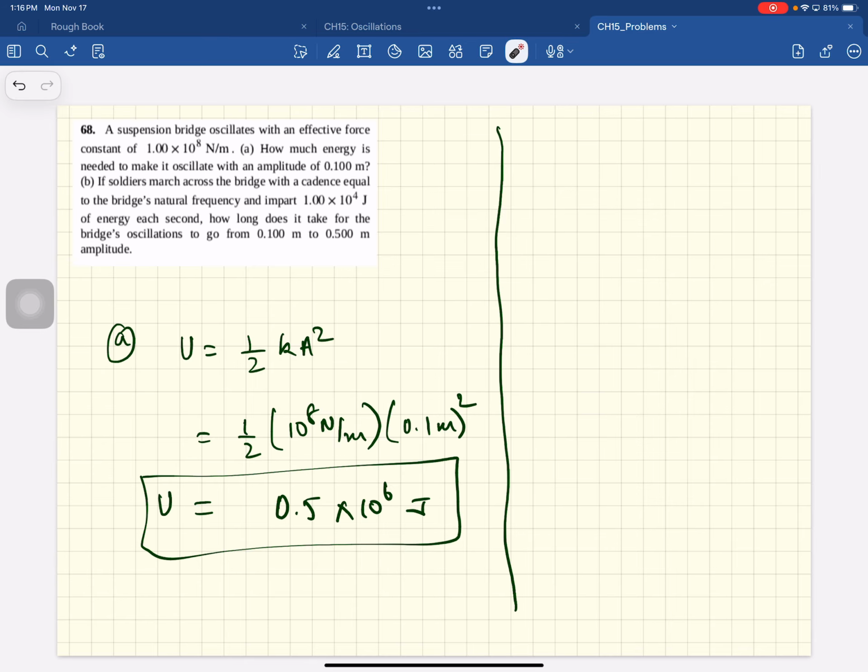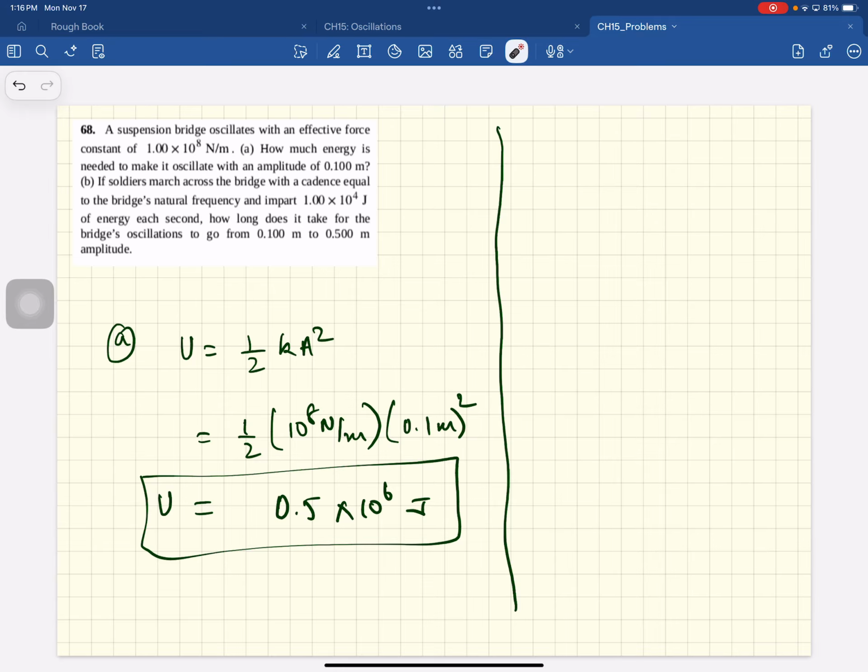And you might not cross the bridge. So if soldiers march across the bridge with a cadence equal to the bridge's natural frequency and impart 10 to the power of 4 joules of energy each second, how long does it take for the bridge's oscillation to go from 0.1 meters to 0.5 meters amplitude?